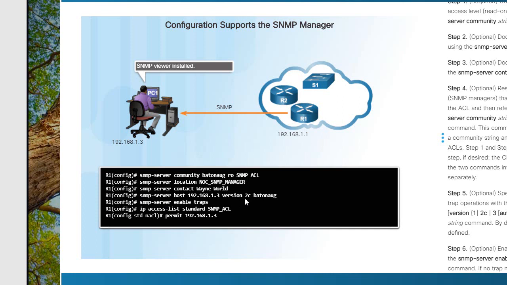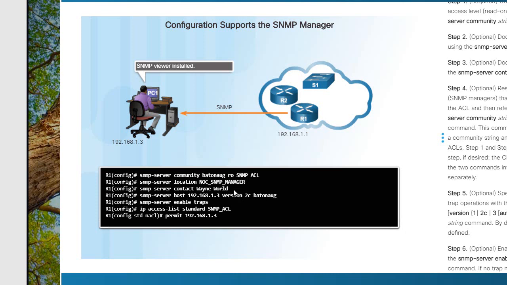If it's going to be 3, you're also going to input whether it's authorization, no authorization, privileged, from that chart we just saw. So you're going to have to input that as well. And you'll probably see that in your lab. As well as your community string, which is going to match the community string that you created up here. Okay.